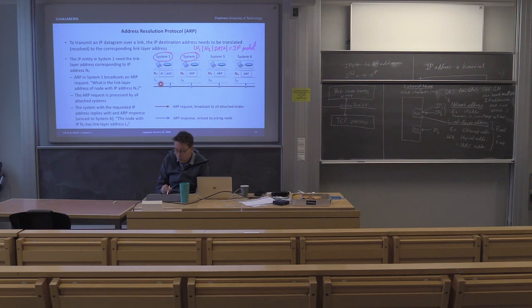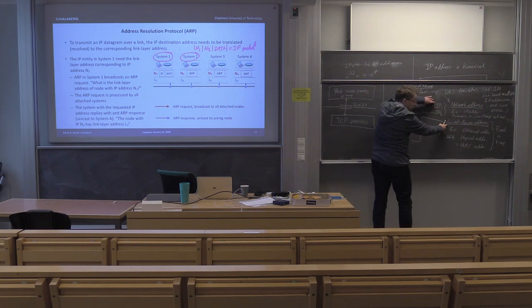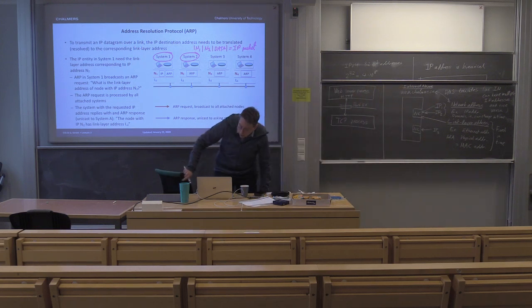So system number 1 has a network address N1. It also has a link layer address L1. It has an IP address and a link layer address for this network interface card.